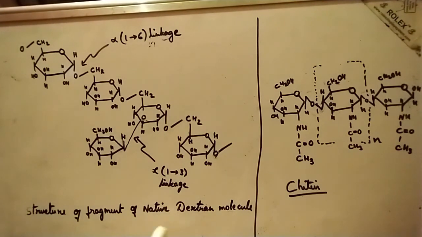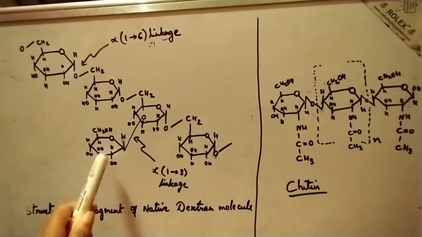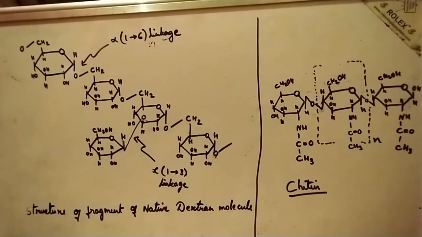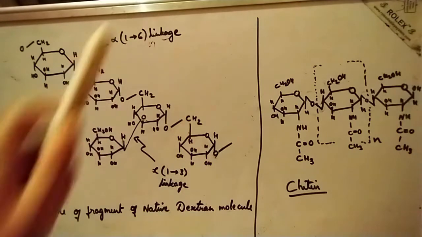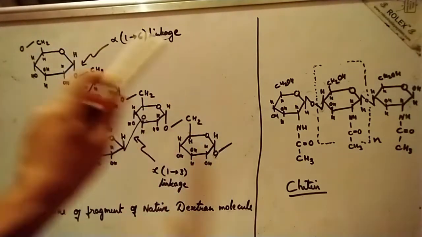Now dextrin is a nutritional reserve in yeast and bacteria, and it is also a homopolymer involving only alpha glucose units, as in the case of amylopectin. It, however, differs from starch and glycogen in having the alpha 1,6 linkage as the main branch.